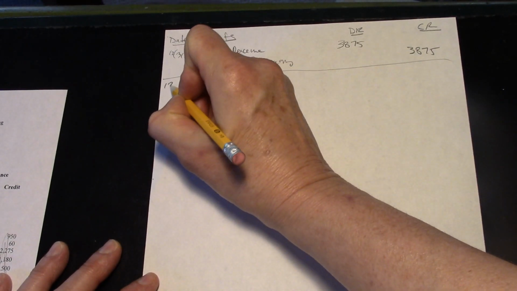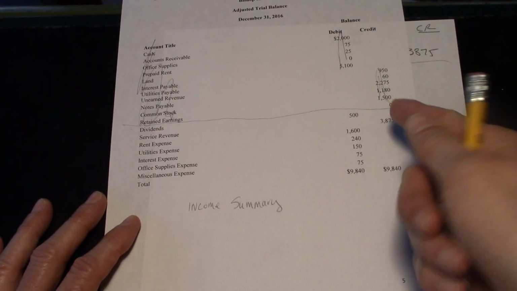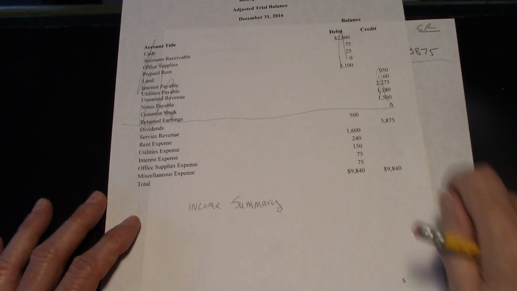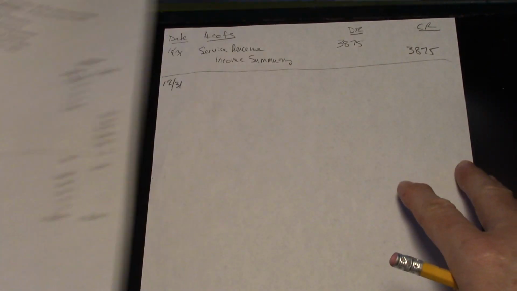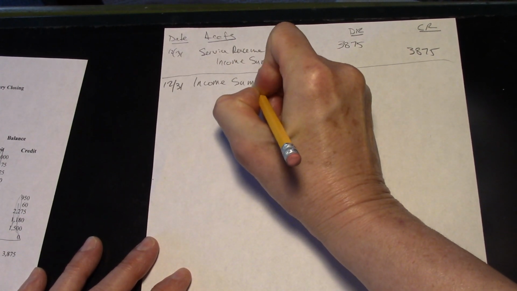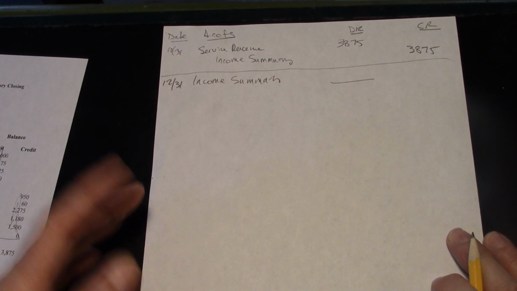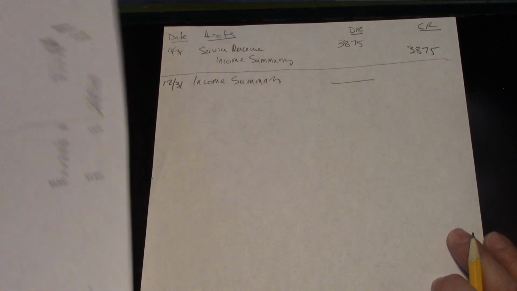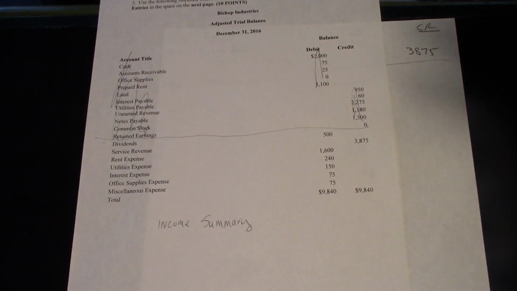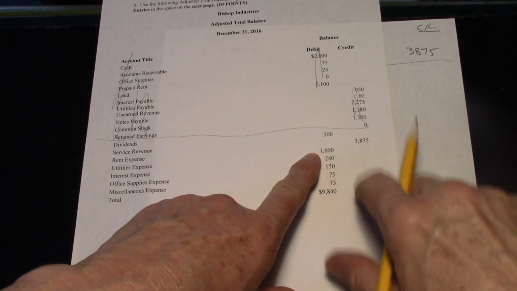Next, we're going to close the expenses, and we close them to income summary. Clearly, to close expenses, we need to do credits, which means we'd have to debit income summary. I'm not sure how much that is right now. I need to add up all my expenses. So let's put our expenses each down and close them. You have to do each one separately. You can't just go expenses, because you're zeroing out each account, so each account needs a credit.